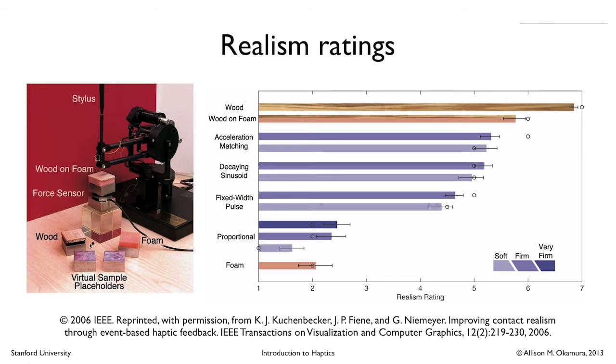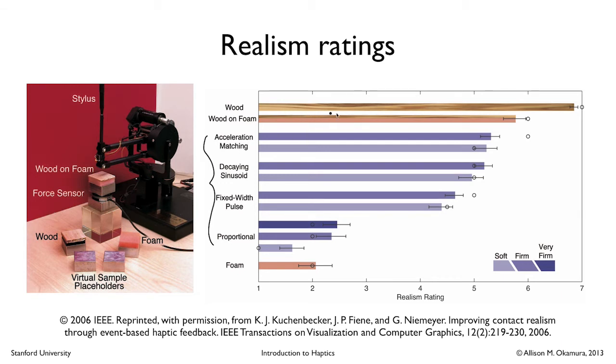In addition, she can replace this wood on foam with just regular wood or just foam, and she can also remove all of these physical samples and instead have the haptic device generate a virtual environment. And there are different algorithms. These are all different algorithms for generating haptic virtual environments that feel like tapping on wood, or that are intended to feel like tapping on wood.